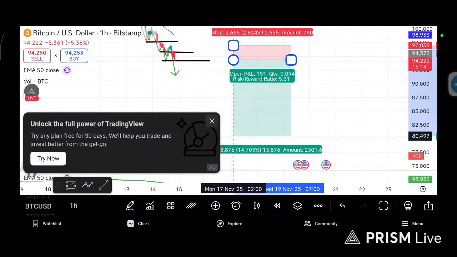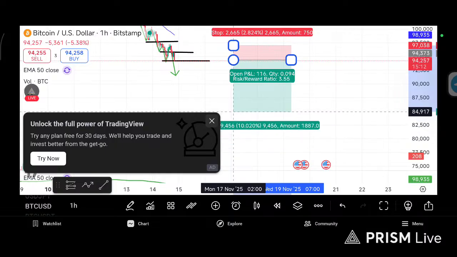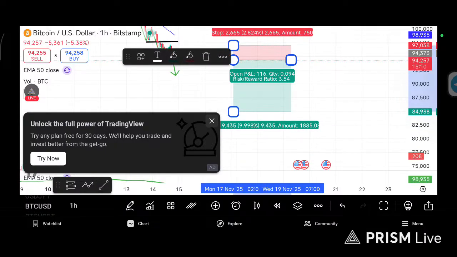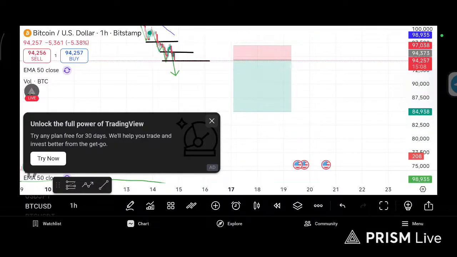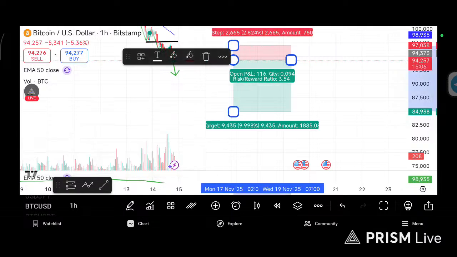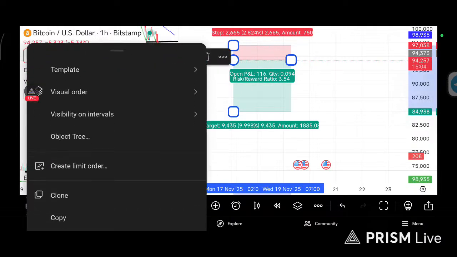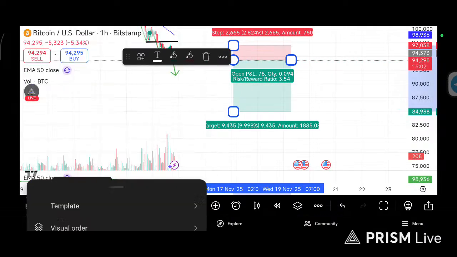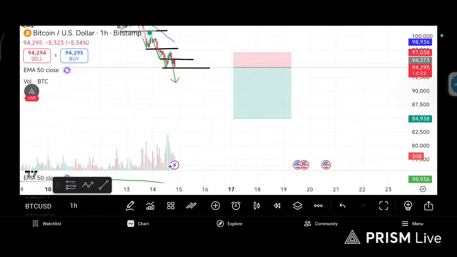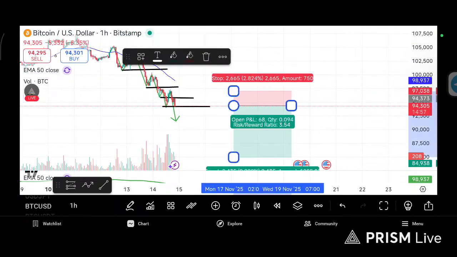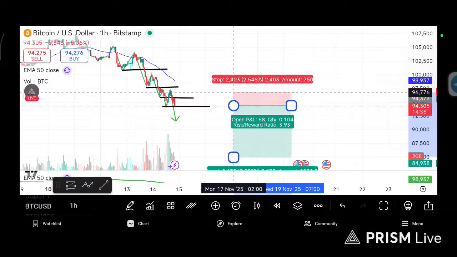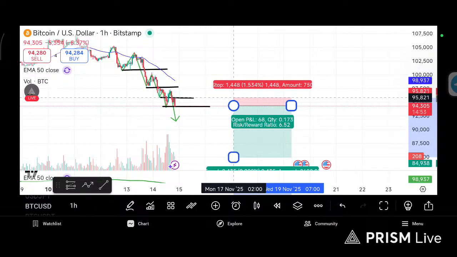You tap it, then you drag it, let us say, in case of any retracement. In case of any retracement, you put it there. It's going to be a snappy one because anything can happen, right?